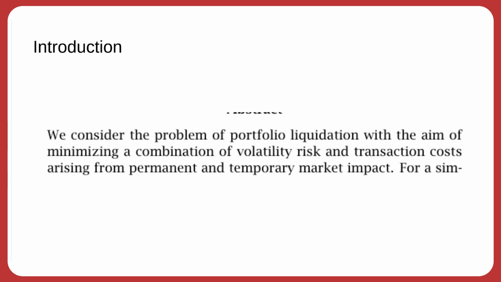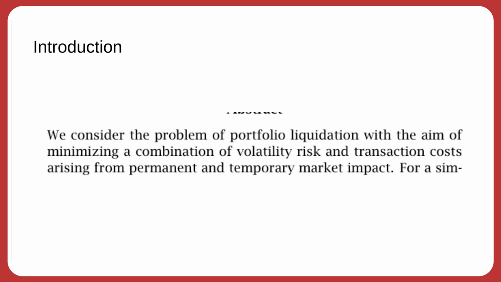And what they say here, in the introduction, is: we consider the problem of portfolio liquidation with the aim of minimizing a combination of volatility risk and transaction costs arising from permanent and temporary market impact. So what this means is, when you do a trade, and specifically when you do large trades, so let's say you work in a hedge fund and you want to do a trade over several millions or tens of millions of dollars, inevitably you will have some market impact.